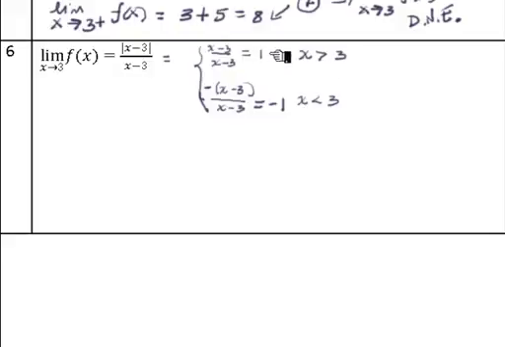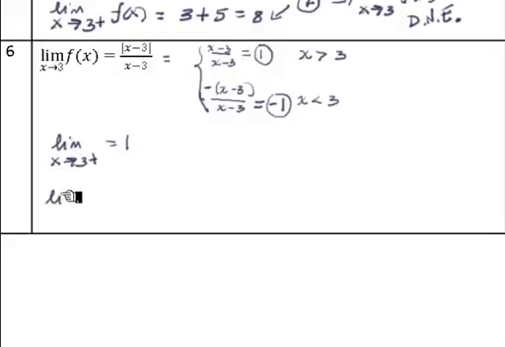minus 1. So here we have a function that's equal to 1 to the right of 3, minus 1 to the left of 3. And notice that x equal 3 is not in the domain because that makes the denominator 0. So the limit as x goes to 3 from the right is 1. The limit as x goes to 3 from the left is minus 1. The two are not equal. Let me just write that out. The limit as x goes to 3 from the right is 1.